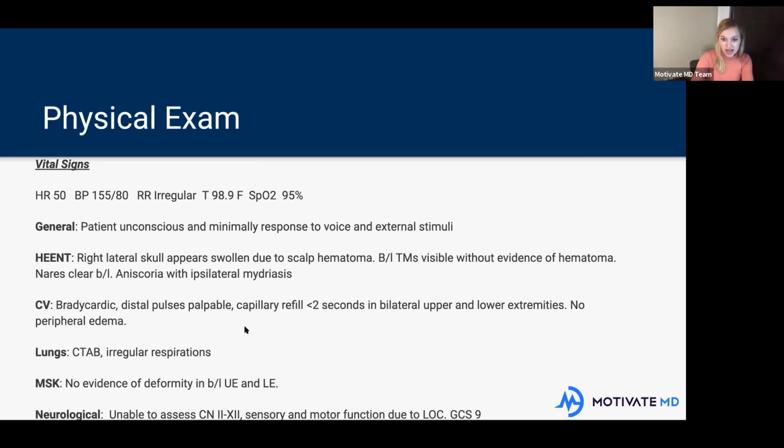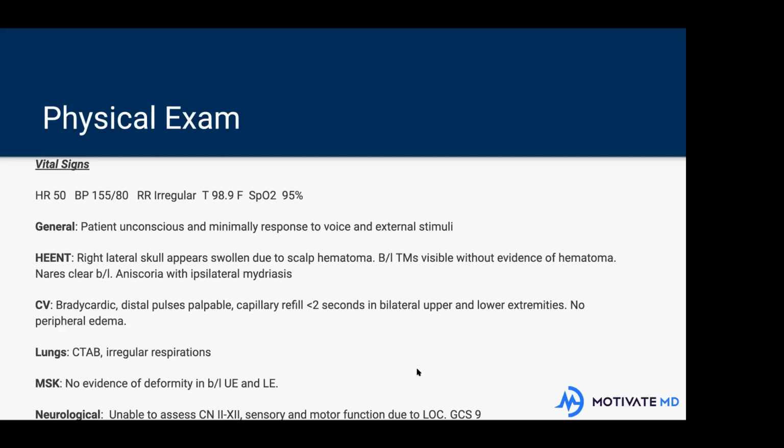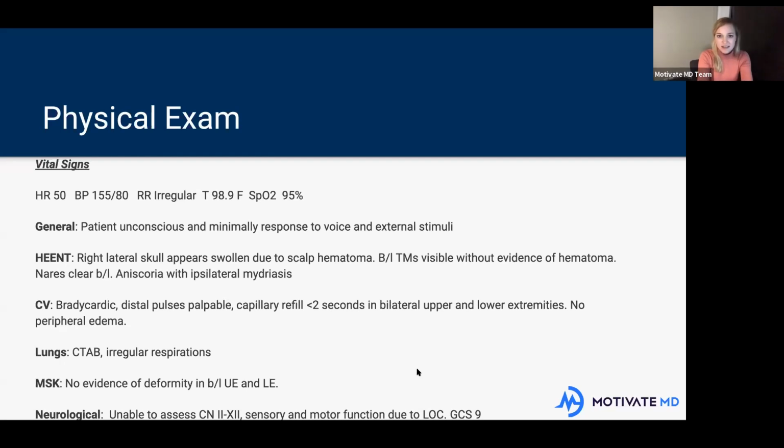Good. Next we have capillary refill is less than 2 seconds in bilateral upper and lower extremities. Does anybody have any idea what capillary refill is referring to? Is that like when you push down on your skin and then it turns white and then you refill, blood turns red again? Yeah, exactly. Nailed it.